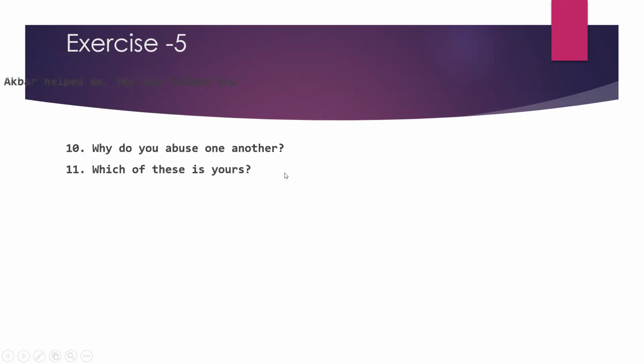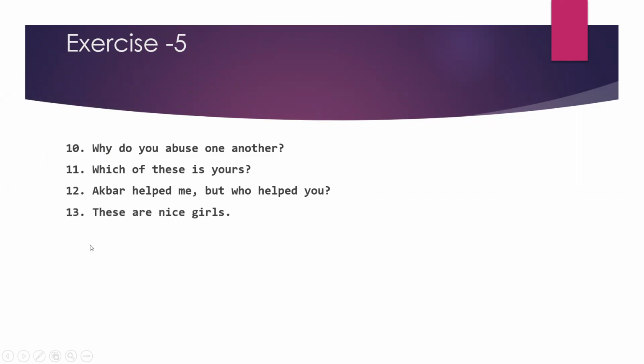So we are here, dear students. We have the same exercise, exercise 5. We have learned 9 sentences. 10th, we have why do you abuse one another? Number 11, which of these is yours? And number 12, Akbar helped me, but who helped you? Number 13, these are nice girls.